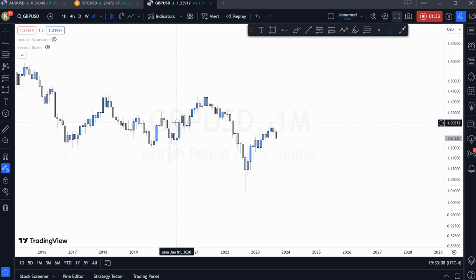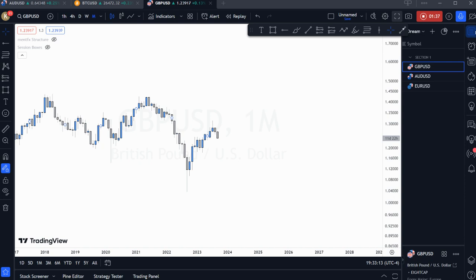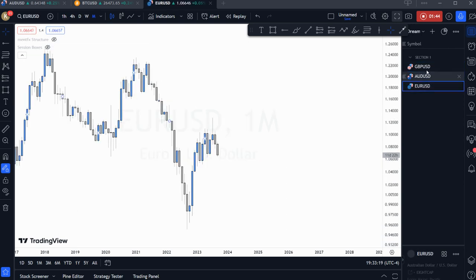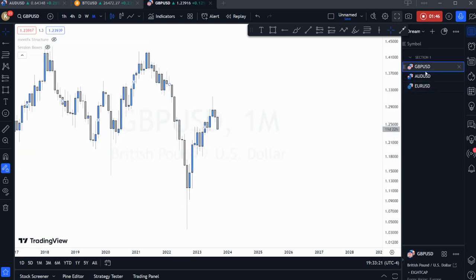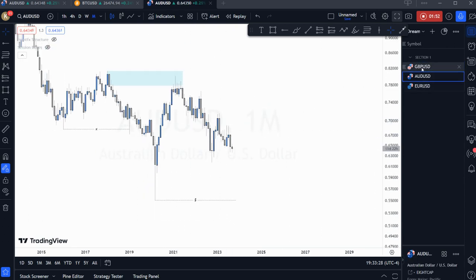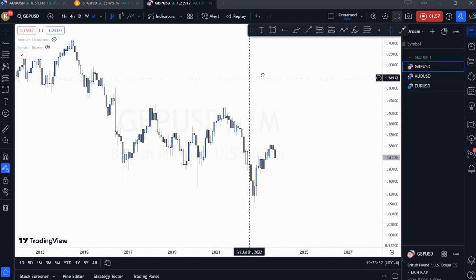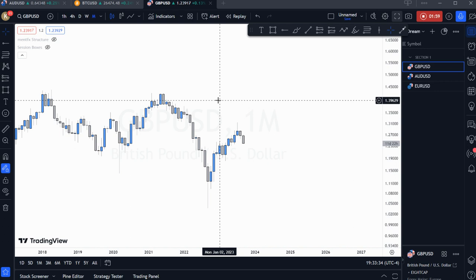I have EUR USD as my main pair. I'm going to be using GBP USD and AUD USD as the examples, just to branch off a little bit. But all these charts, as you can see, are moving in the same direction. Order flow for them should be similar, and as such, the trade ideas being found should revolve around the same concepts. But a lot of yip yap, I'm going to get right into what I'm doing.